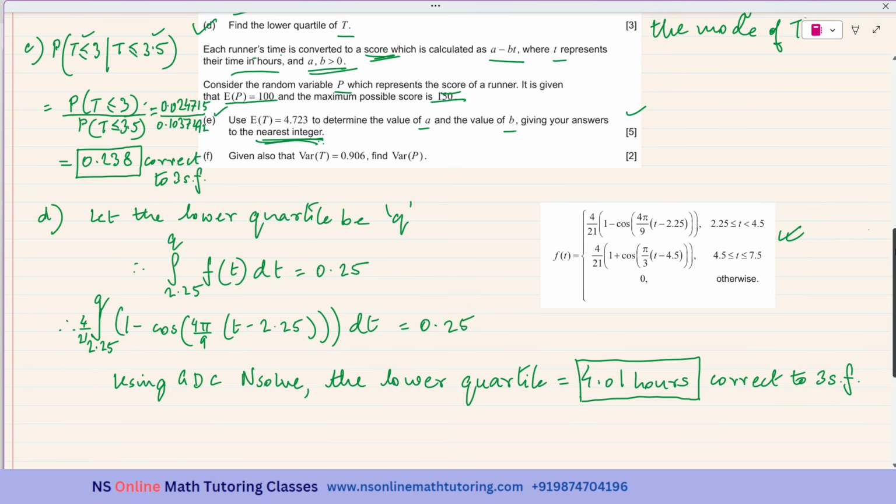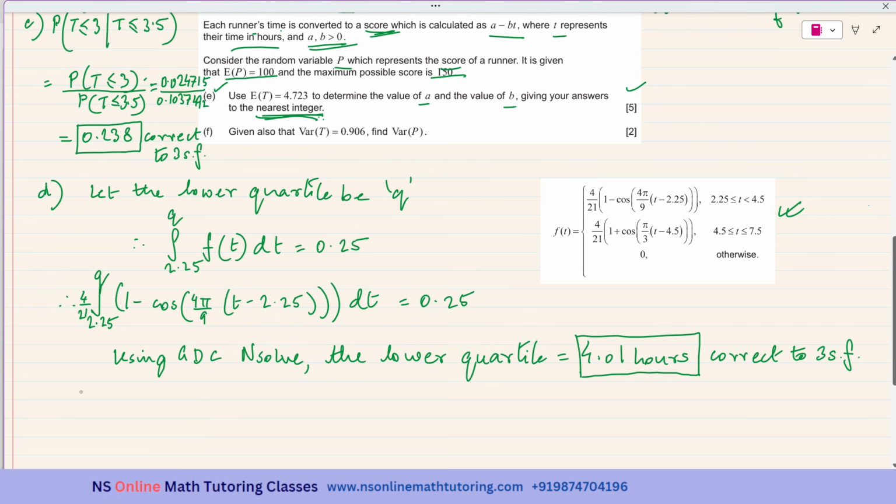So P is equal to A minus BT, and P max is equal to 150, and the expected value of P is equal to 100.